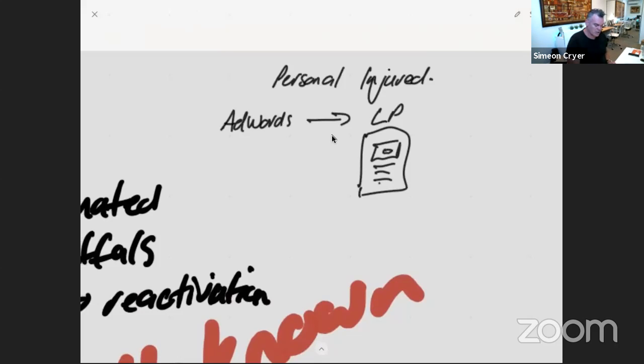What we would also do is we'd put the Facebook pixel on this particular landing page. So we'd put your FB pixel on there. And then what we could do is we could retarget these guys on the Facebook platform thereafter.